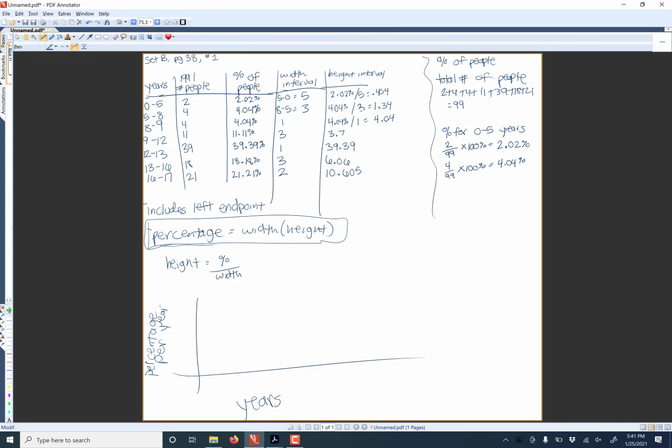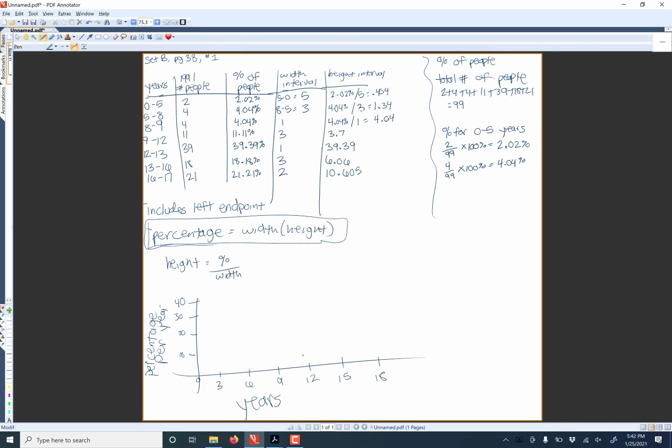It's always your vertical axis. Notice my heights range from 0.4 all the way up to almost 40, so I'll do a scale by tens. And my years need to go from 0 up to about 17, so I might go by, say, threes: 3, 6, 9, 12, 15, 18. There's no reason I had to go by threes or by tens. I just picked those numbers.